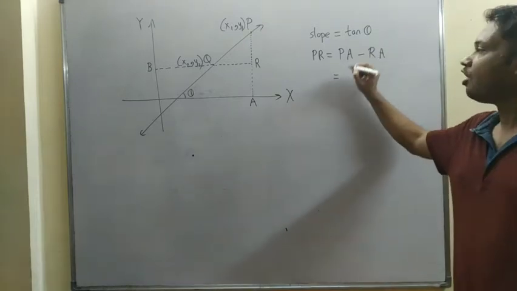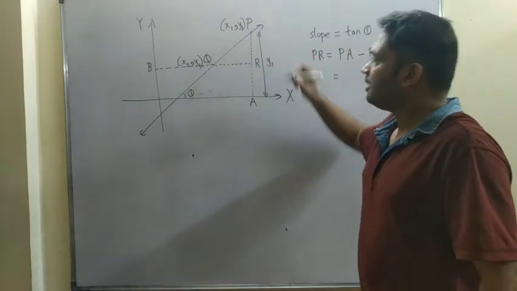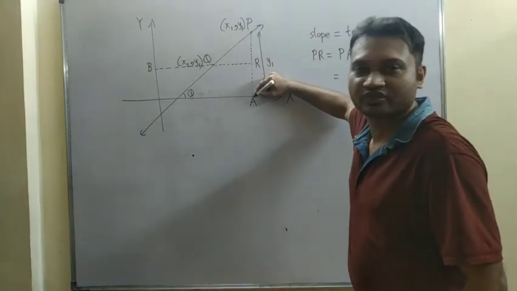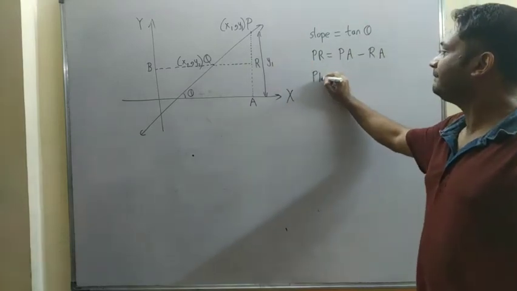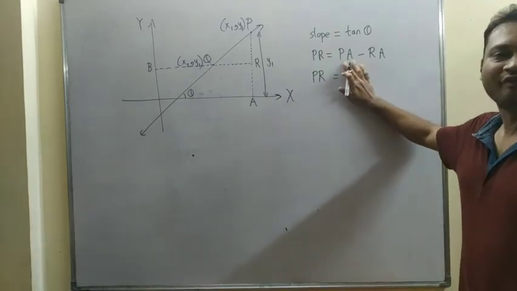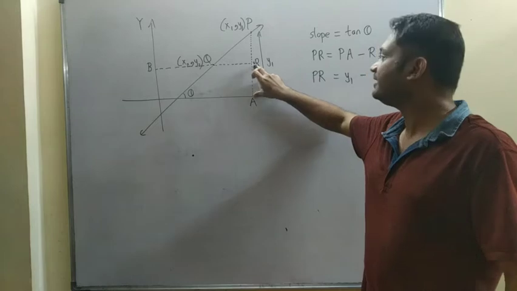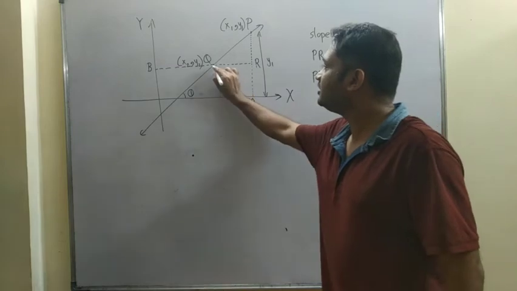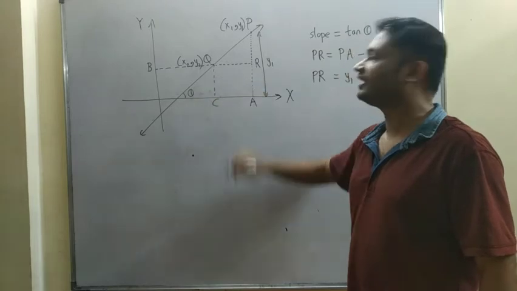Now, what is the value of PA? PA value is y1, because the distance from P to the x-axis is nothing but the y coordinate, which is y1. RA will be equal to y2. Why? Because RA is equal to QC, as they are opposite sides of a rectangle.